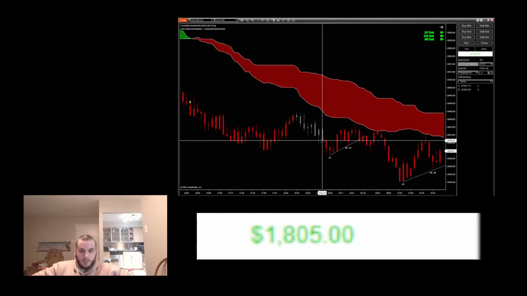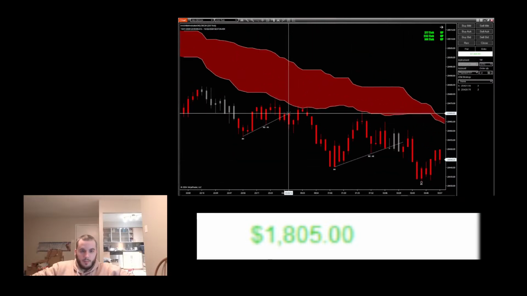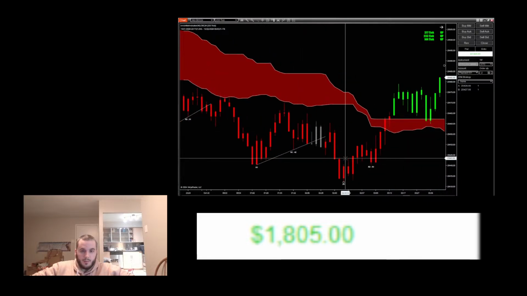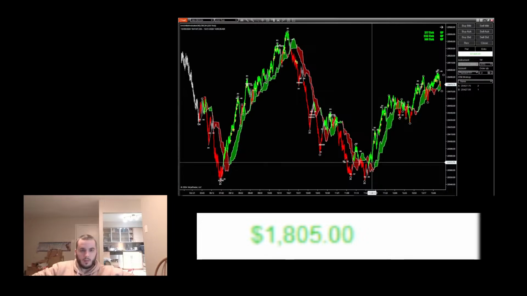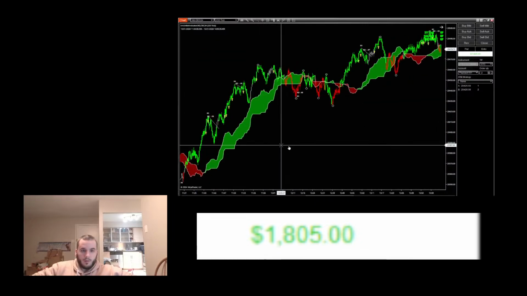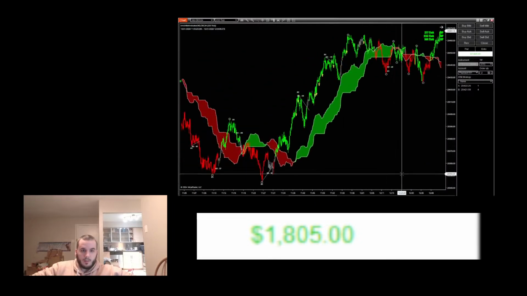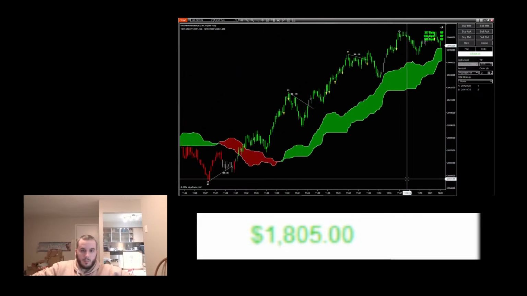All of these little trend line pops down. They are consistent, pretty consistent high winners.